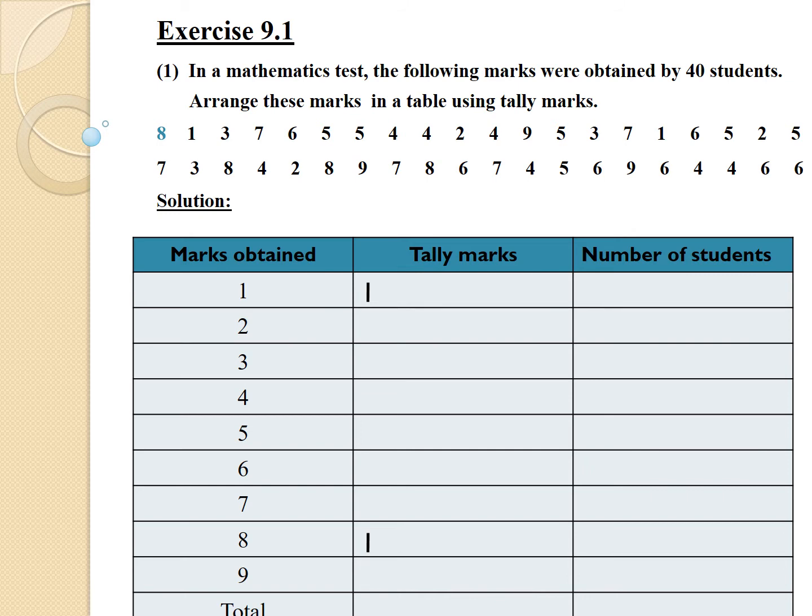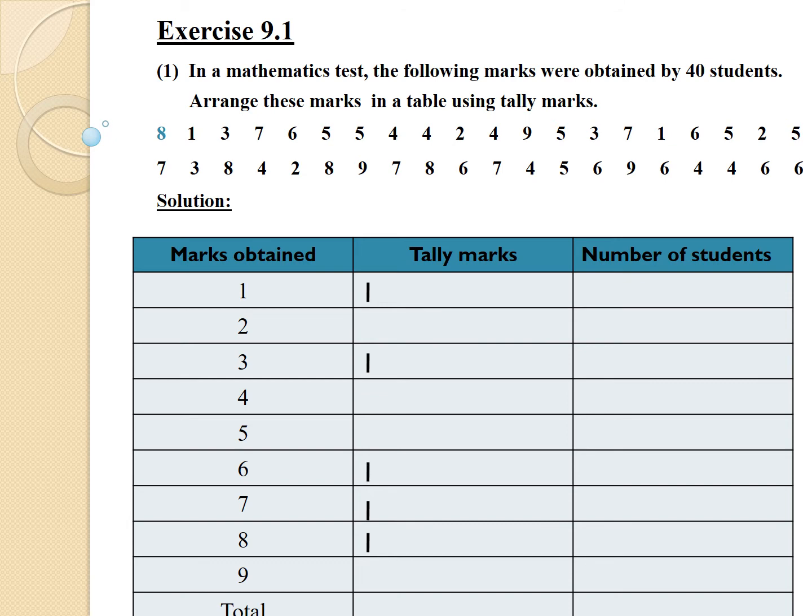So in front of 3, in second column, you have to draw a tally mark. Then is given 7. So in front of 7, you have to draw a tally mark. Then is given 6. So in front of 6, you have to draw a tally mark.